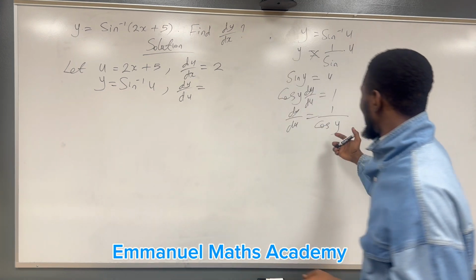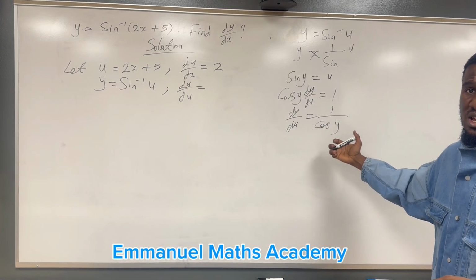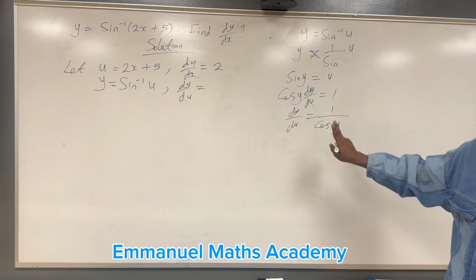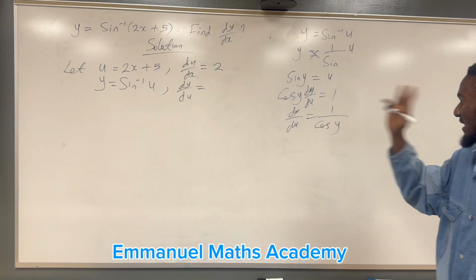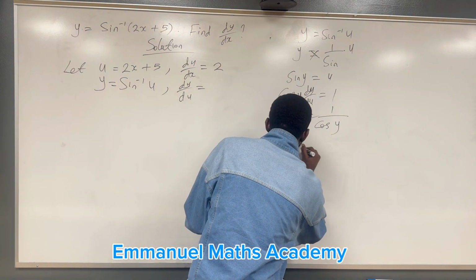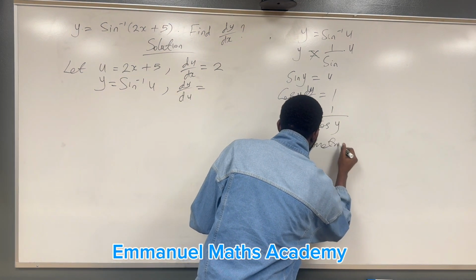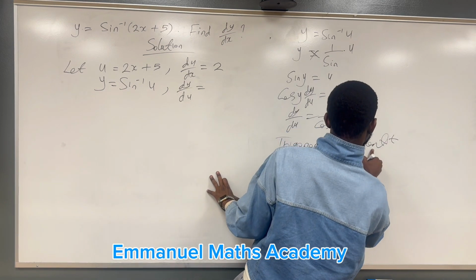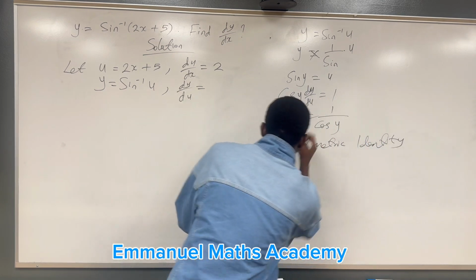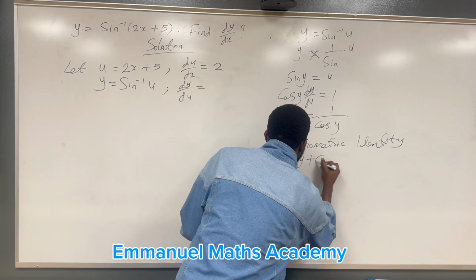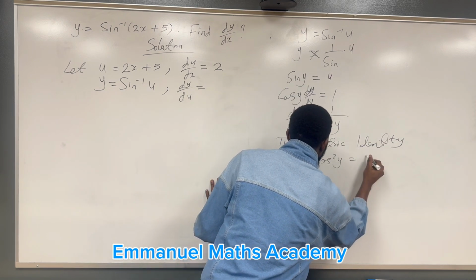So at this stage now, we can't leave our answer this way. So since we can't leave our answer this way, we recall this trigonometric identity that sine square y plus cos square y is equal to 1.